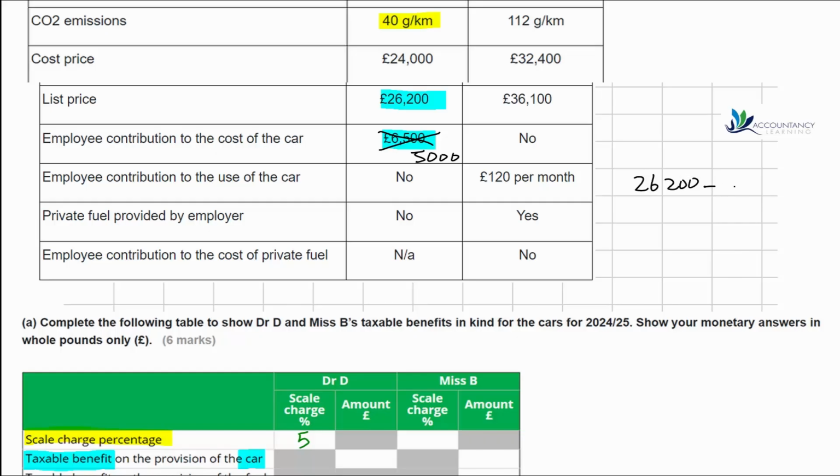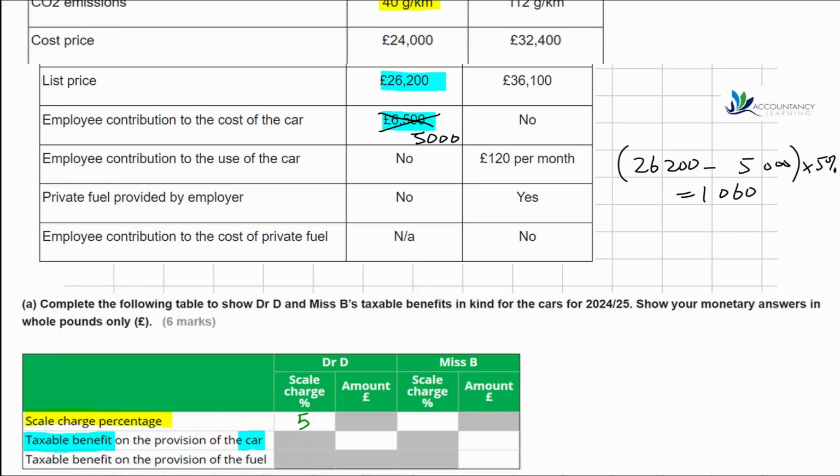The employee provided some money up front, but we're going to cap that at 5,000, and therefore the value of the car for tax purposes is 21,200. And then we multiply that by the scale charge of 5%. And that gives us a taxable benefit of £1,060.